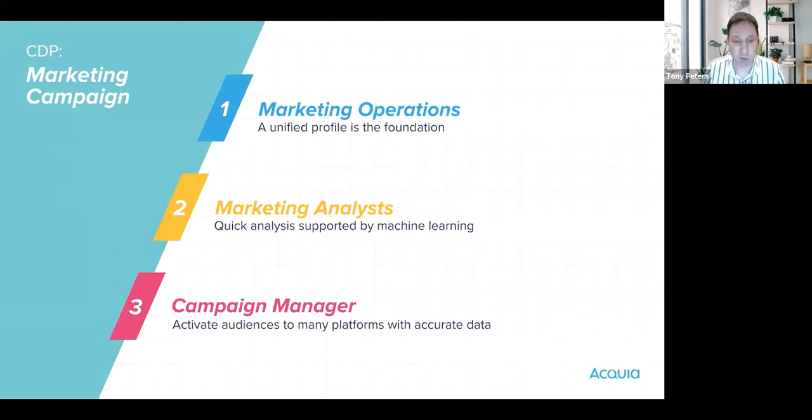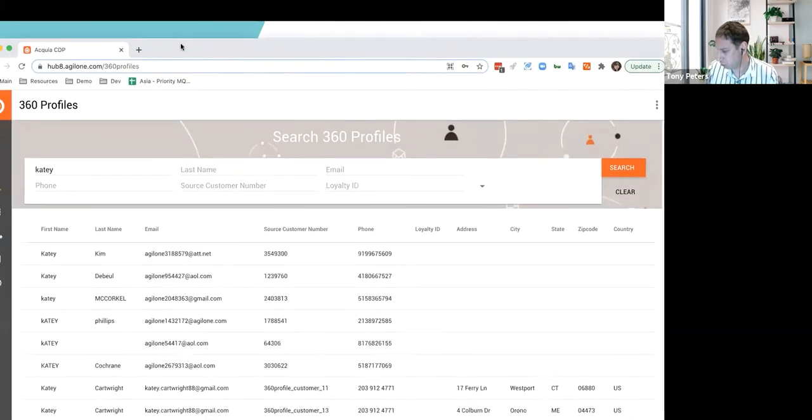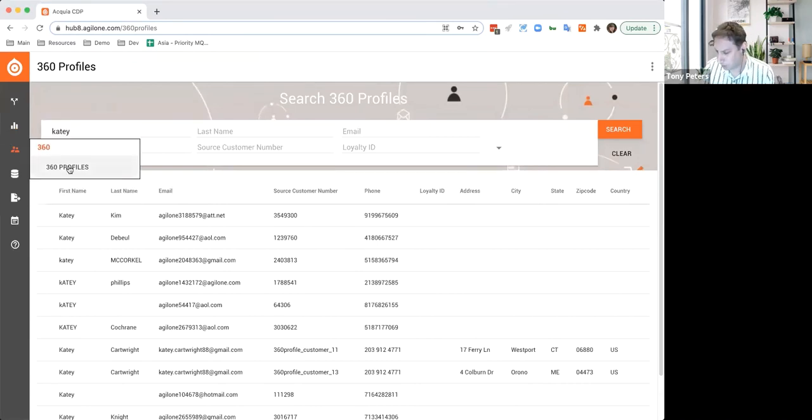So let's have a little look at how some of those can work and how they can actually benefit from this. We've got our marketing operations team, the MOPS, and I've got a key term here of identity resolution. So I'm going to bring across my screen here. Hopefully you can see this. I'm going to look at a 360 profile here. This is just going to demonstrate how we can look at an individual and see the type of data that is coming together that the MOPS team is going to allow and provide with the CDP platform.